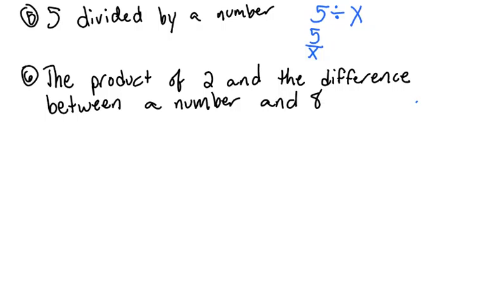Number 6 is a little bit more. The product of 2 and the difference between a number and 8. So I know I'm going to need to do multiplication because of the word product, and difference is the answer to a subtraction problem. So I know I'm going to multiply 2, the product of 2, times something.